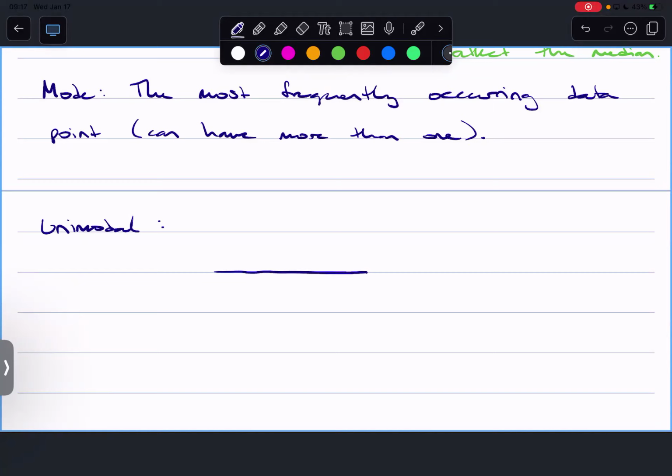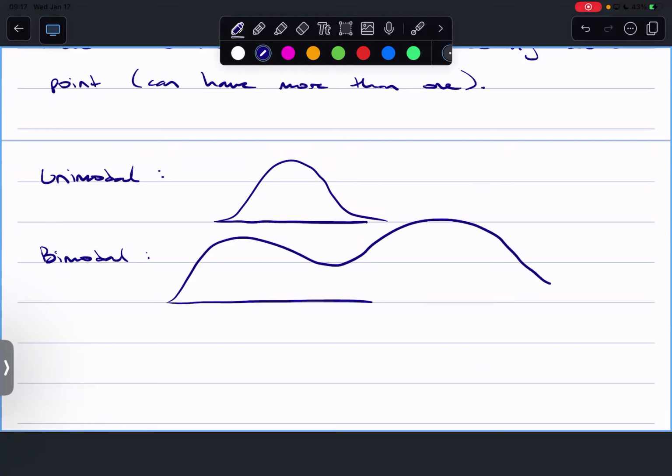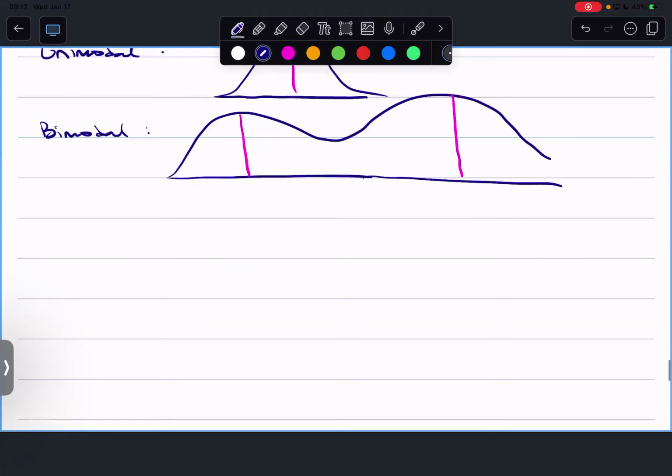Here's a specific case of a unimodal distribution. We can have a bimodal distribution. Right, we've got these single peaks, 2 peaks. You can have a crazy multimodal, which is really just anything more than 2.